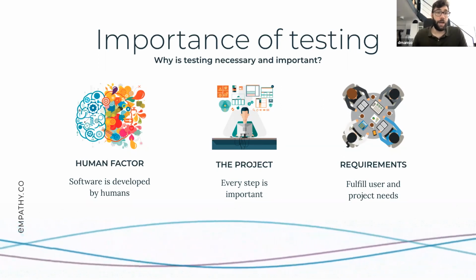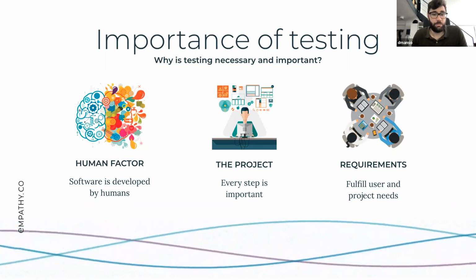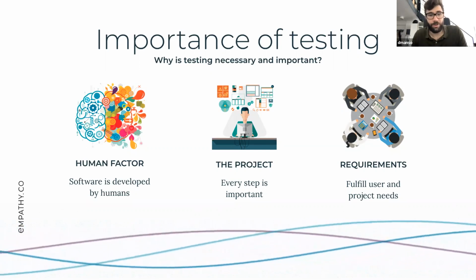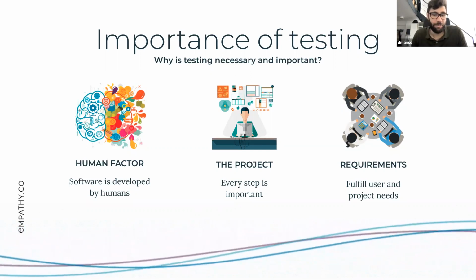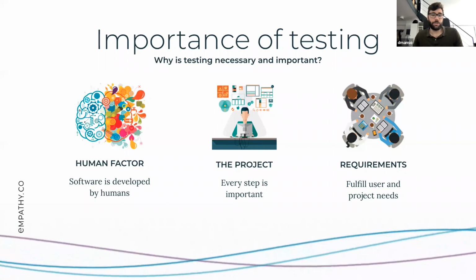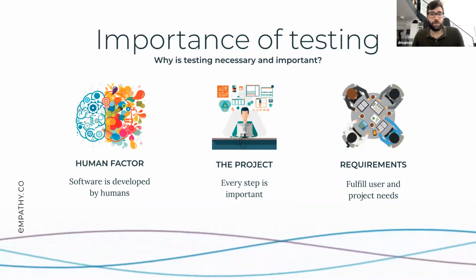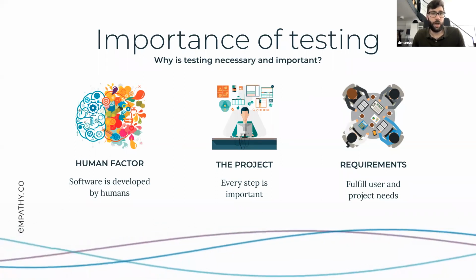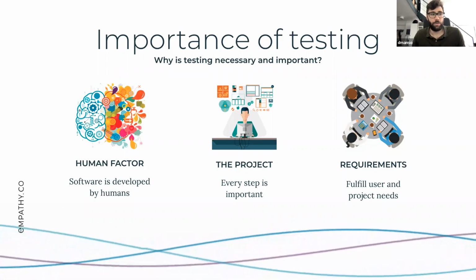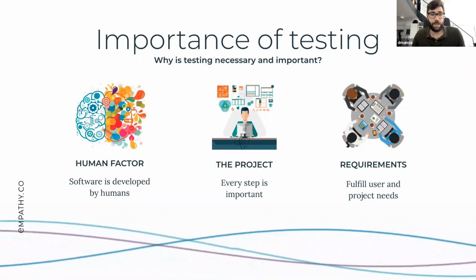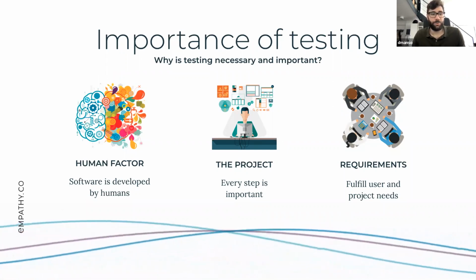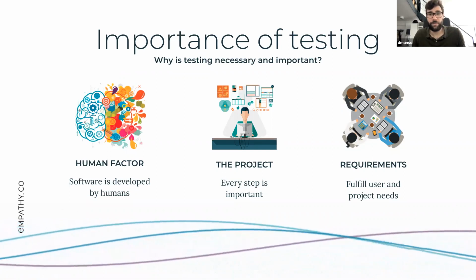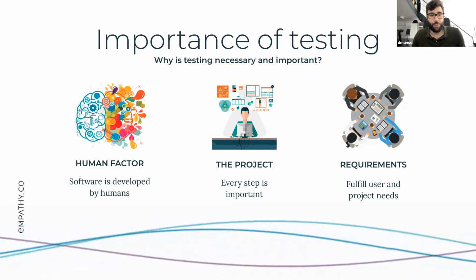I've been working on many projects before Empathy, where testing was excluded due to a lack of time, for example. And I saw that as the project became bigger, it became unmaintainable, with lots of bugs, which implied many hours to debug failures and defects and to fix them.